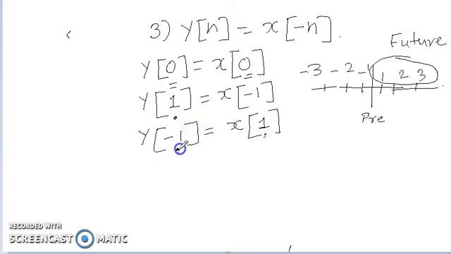So this past value of output is dependent on the future input.